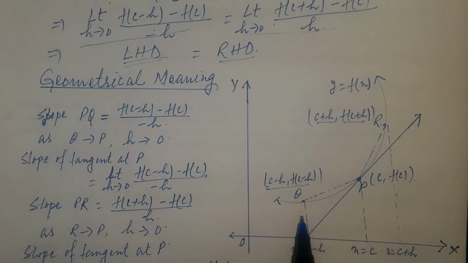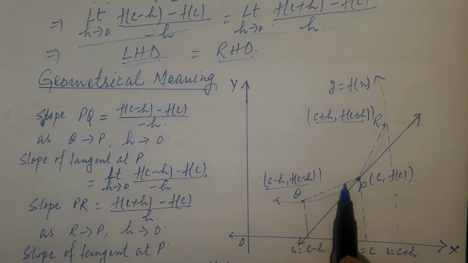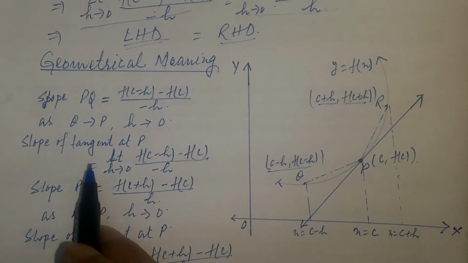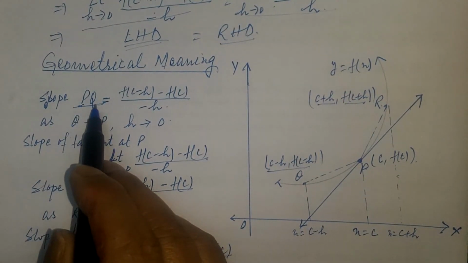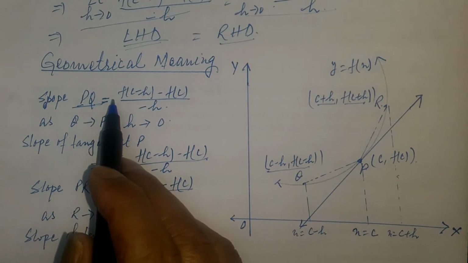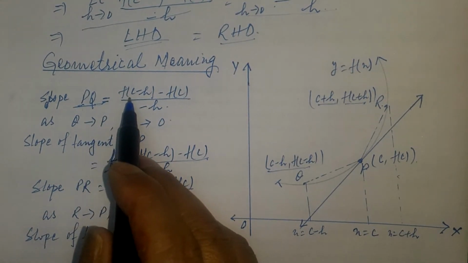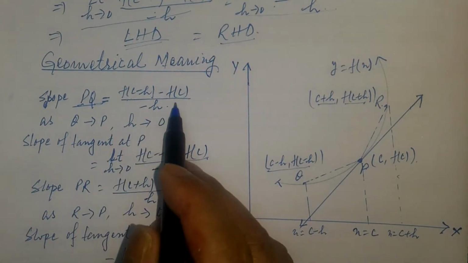Now we have two chords, one is PQ and the other is PR. Now we can find the slope of chord PQ. We know y2 minus y1 by x2 minus x1, so we put the values and we get this.